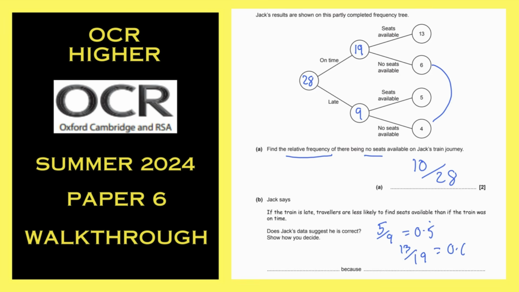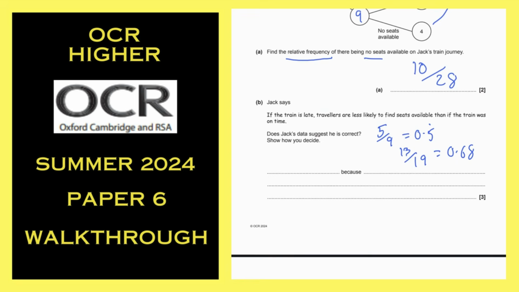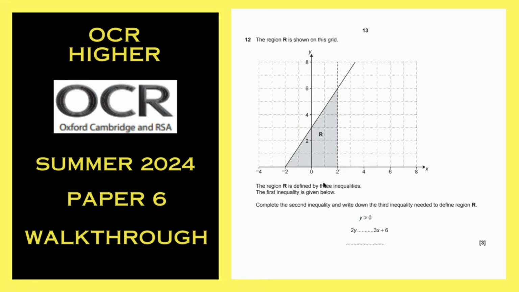That is bigger. That is 0.68. So the proportion is bigger. That's a yes. Does Jack's data suggest he is correct? Yes, it does suggest it, because 0.68 is bigger than 0.5 recurring. All words and waffle to that extent.